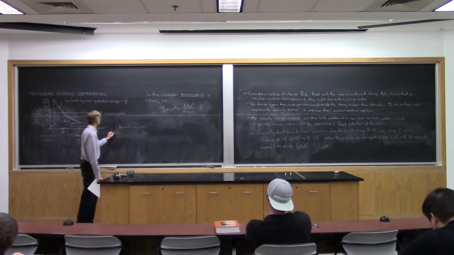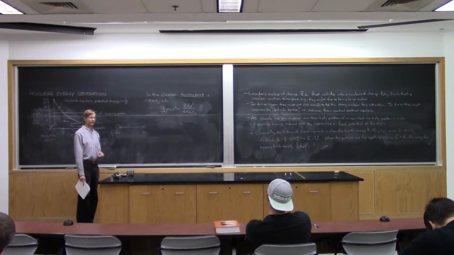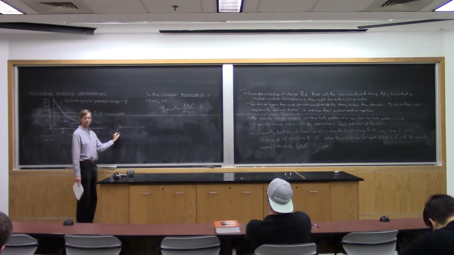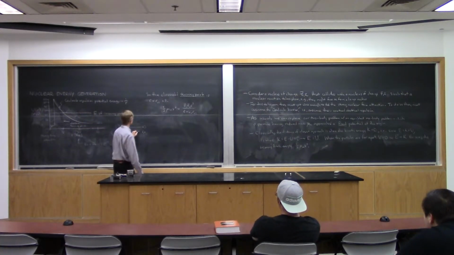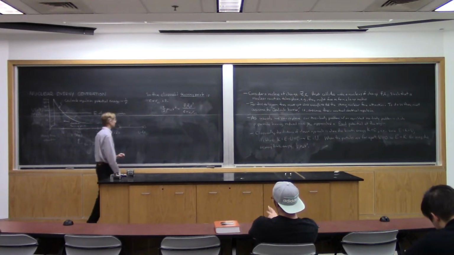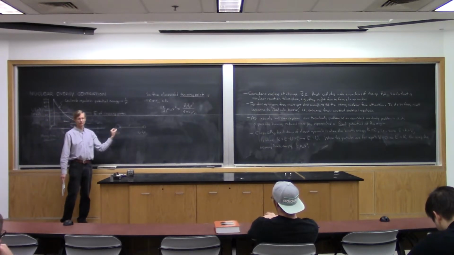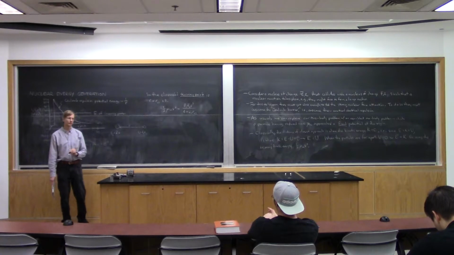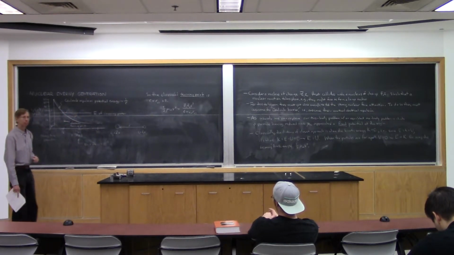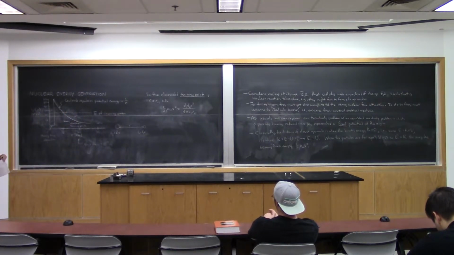So Q1, the charge on the first nucleus, is number of protons times the charge on one proton. Q2, number of protons times the charge on one proton. So Q1 Q2 is Z1 e times Z2 e, or Z1 Z2 e squared. Okay?